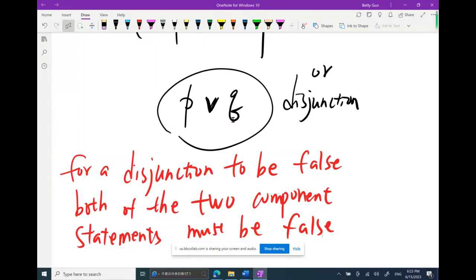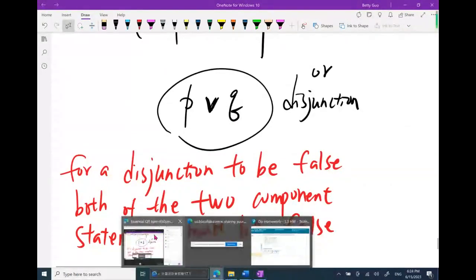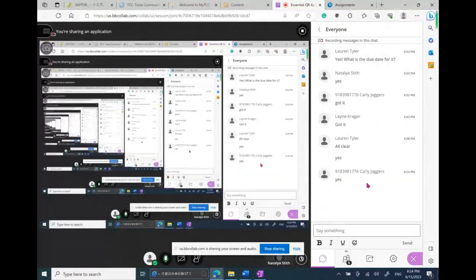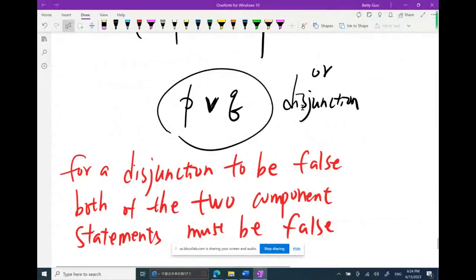Is that clear? Please let me know. Not a lot to remember. For each compound statement, you only need to remember one sentence.